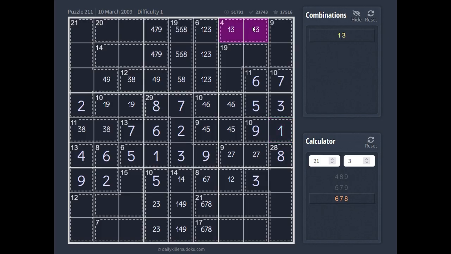Let's get back to the basics. Let's see, 3, 1, 3, and 7.